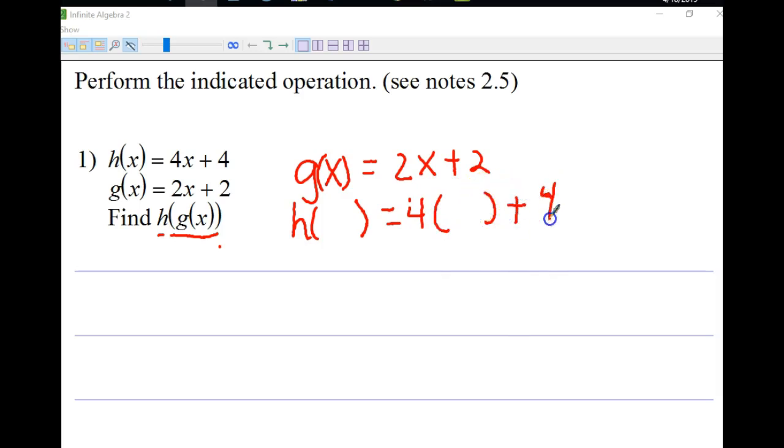So notice I've just rewritten the two functions, and the h function, which is the outside function, I've rewritten it where the x's have blanks instead. And what I'm going to do is I'm going to be plugging the g function into the h function. So what that's going to look like then is the following.